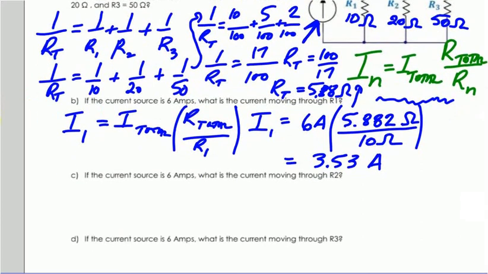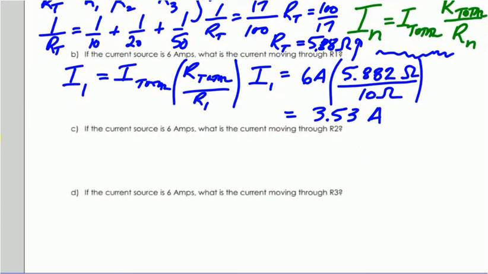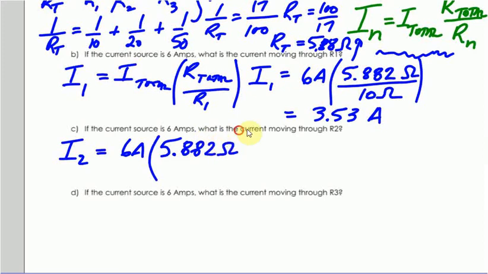Let's practice using this formula here. For this one, I2 is equal to, using that same formula, I'm going to plug in 6 amps, the total current, times the total resistance, 5.882 ohms, divided by that resistor value for R2.